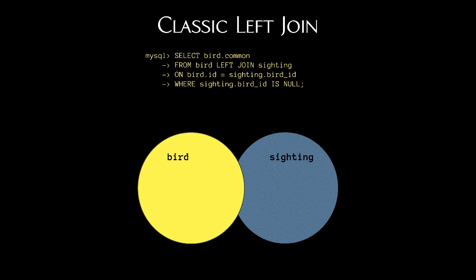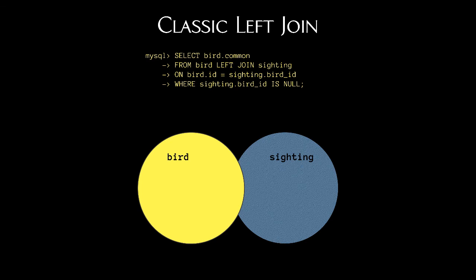Here's the classic left join, just for review. Again, you can go back and watch the whole video. But what I'm going to do is select the bird.common. And now remember, we have to write kind of more Queen's English SQL. So I have to say that I'm using the bird table left join the sighting table. And that tells MySQL how to join or how to overlap those two sets.